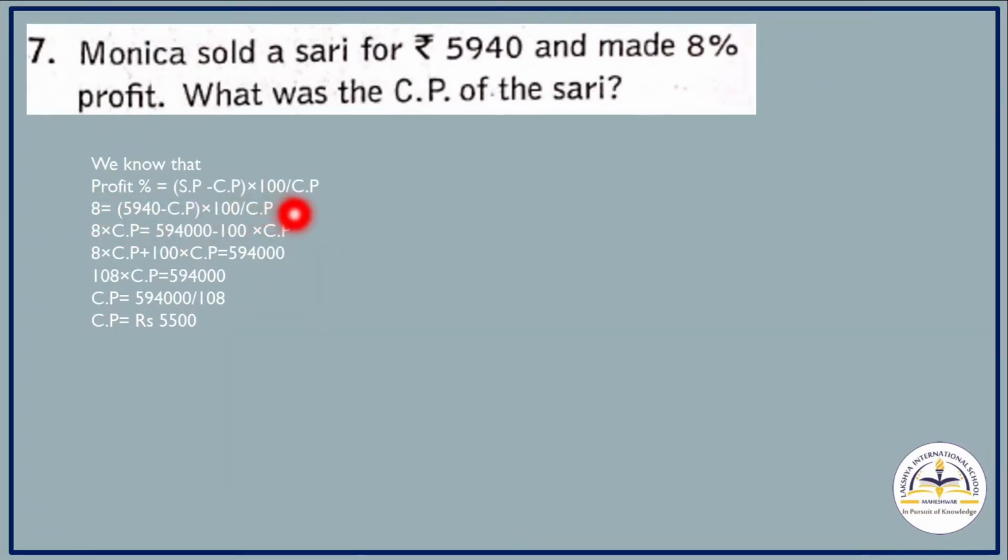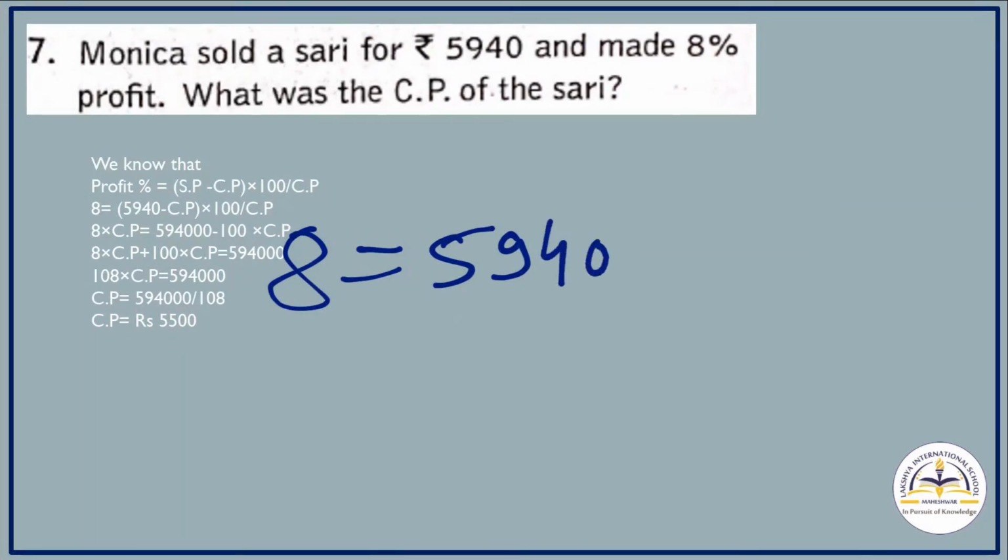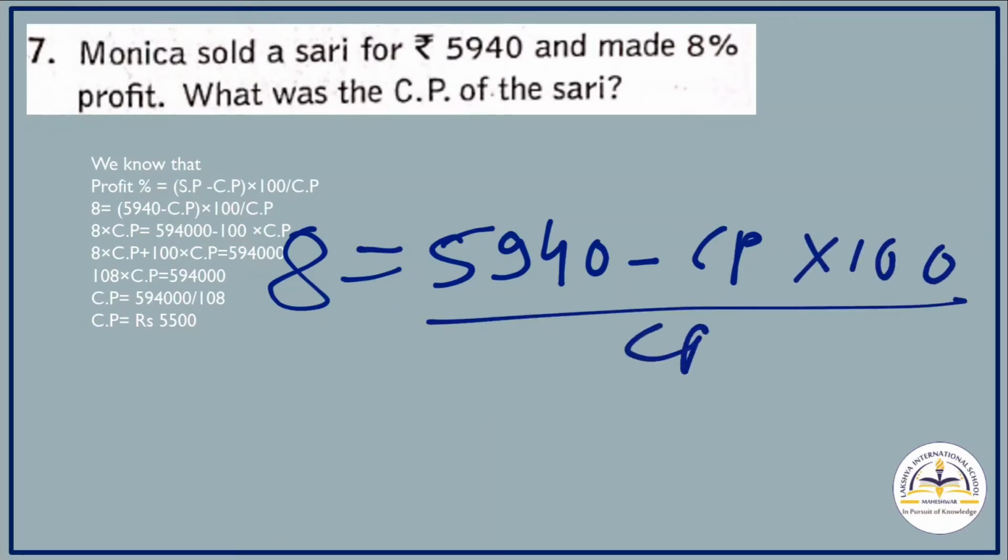So here we have written the profit percent formula, and then we have to put the values into it, because in this question we have to find out the cost price. So we will write the cost price value as it is, and then when we will solve this question, that is 8 equals to 5940 minus cost price into 100 divided by cost price.